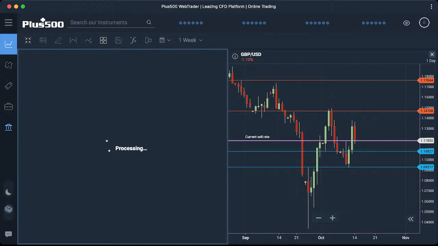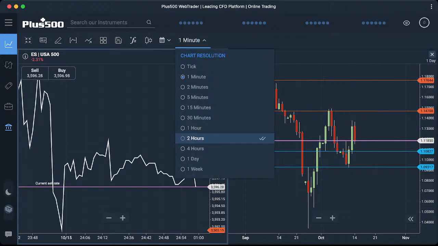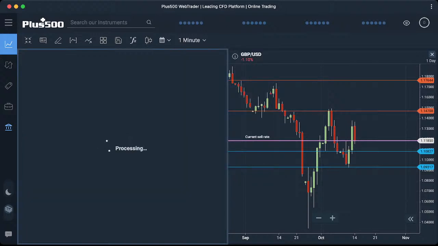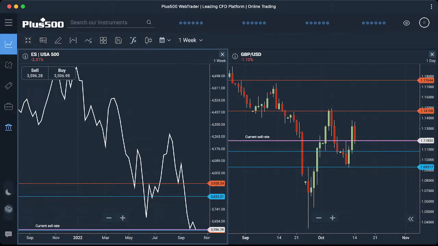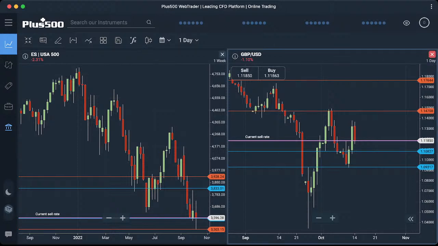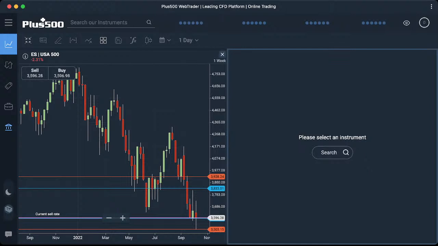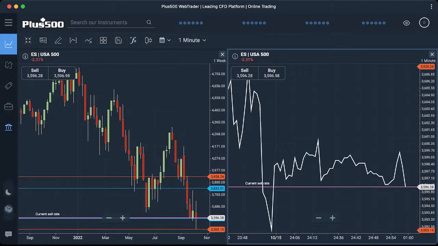Just allow me some time to bring up the charts, the weekly on the left side, and we can put the daily chart on the right side. So here you can see the daily chart for USA 500.